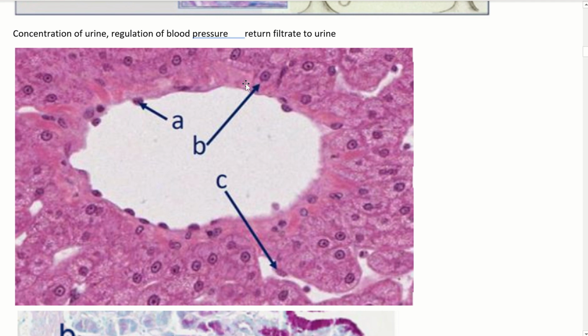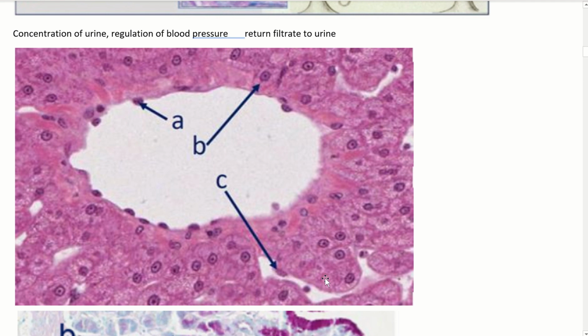B is just pointing to this generic cell all throughout the liver, right? And so the main functional cell of the liver is going to be a hepatocyte. So B would be a hepatocyte. Remember, that hepatocyte is going to have endocrine and exocrine functions. C is pointing to this kind of bubbly cell that's sticking out in a little blood vessel, okay?